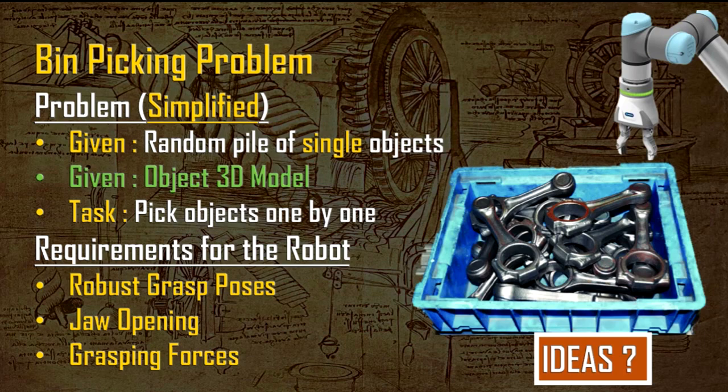One idea could be that since the object is of a single type, we can basically estimate what sort of sizes are available with us. I'm not very sure how we can approach the grasping part. Do you mean using the 3D model for the dimensions, or are you talking about the images?